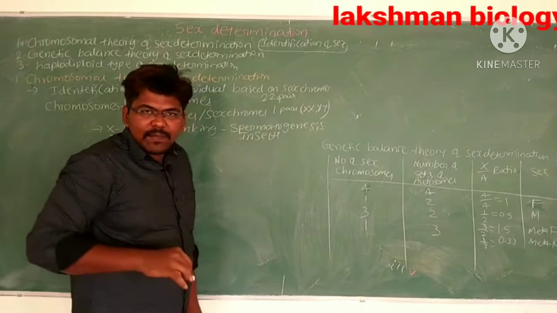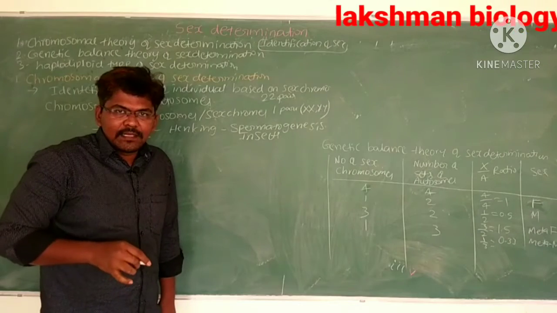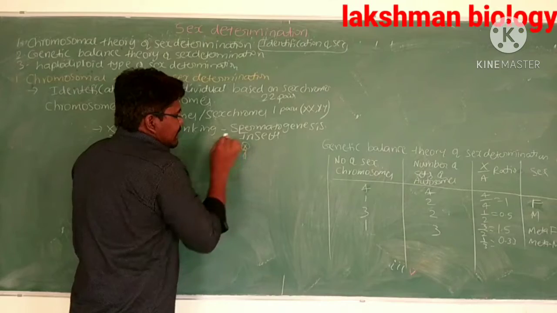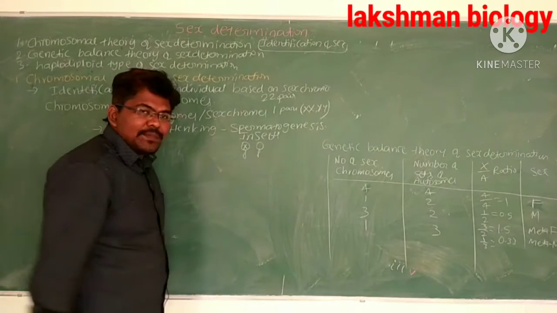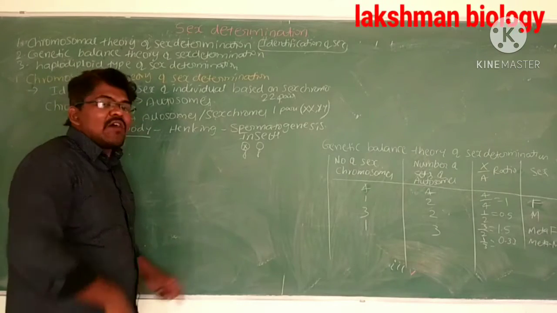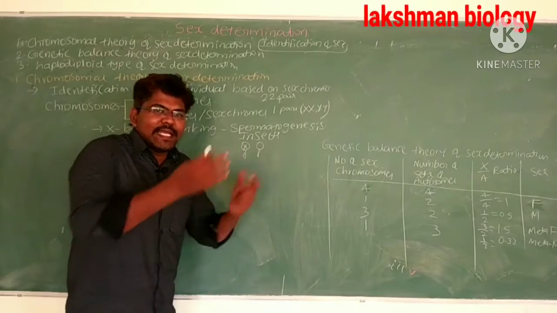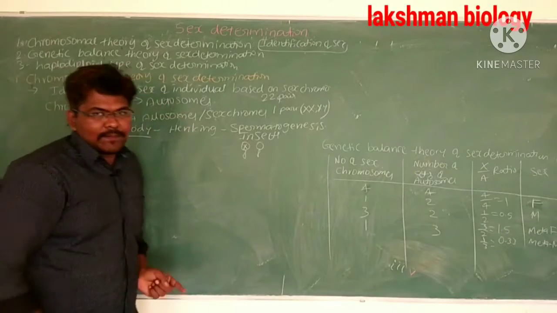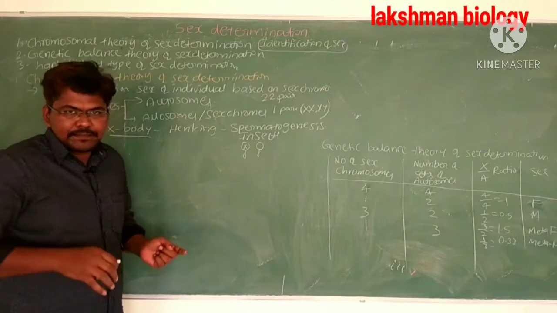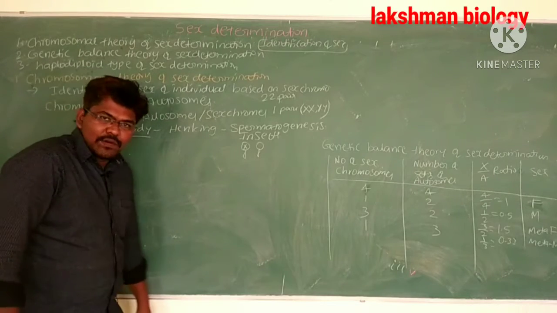He also identified that 50% of gametes contain the X chromosome and the other 50% do not. After Henking, other scientists gave the name X chromosome to the X body, but the name X body was given by Henking. That is about the identification of the X chromosome.